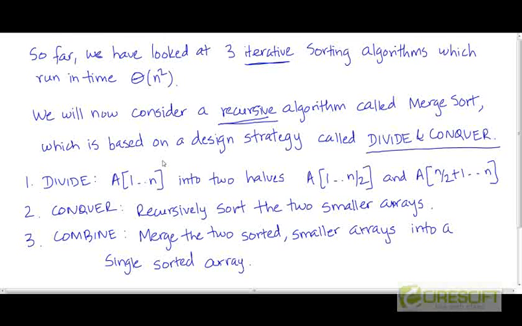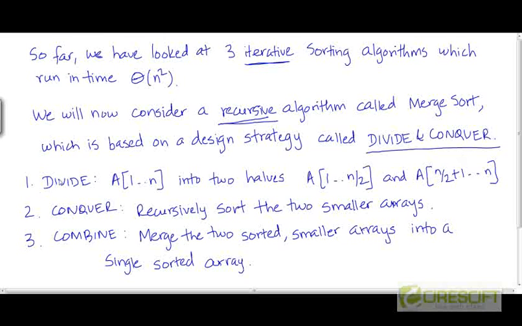So let's say you split the problem of size n into two subproblems of size n by 2 each. This is the divide step. Then once you have divided the problem into these subproblems, you solve each subproblem. And having solved each of the subproblems, you combine the solutions to arrive at the overall solution to the larger problem of size n. So that's called the divide and conquer design strategy.